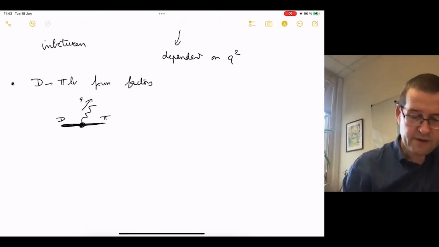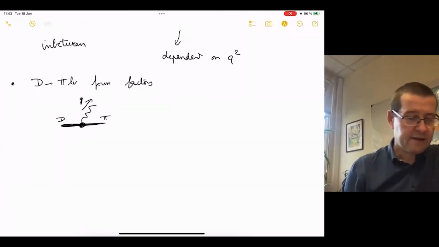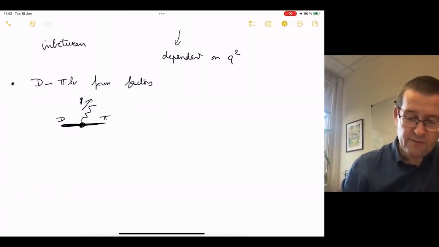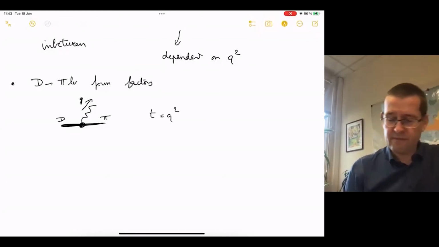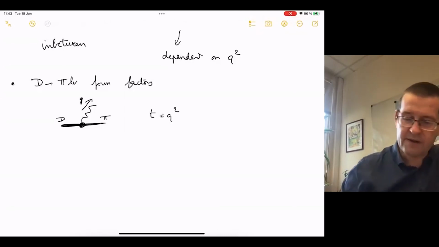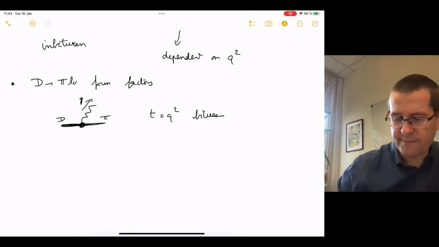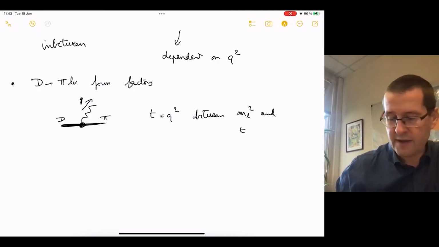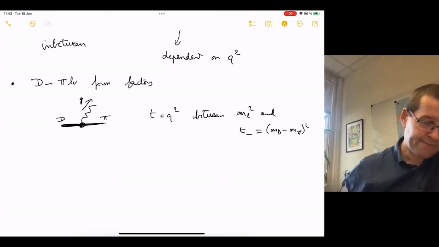And if I'm looking at the kinematic values that are of interest for me, that would be for q squared, that I denote t here, between m_l squared and (m_D minus m_pi) squared.